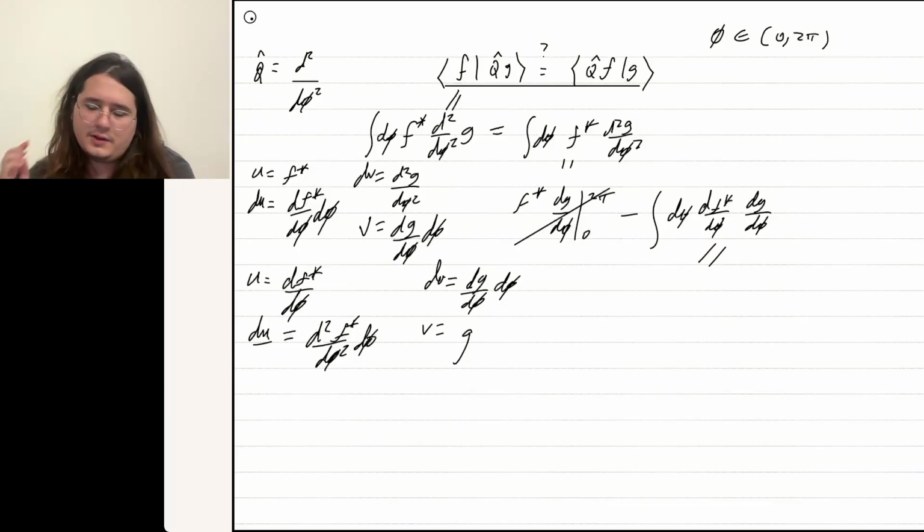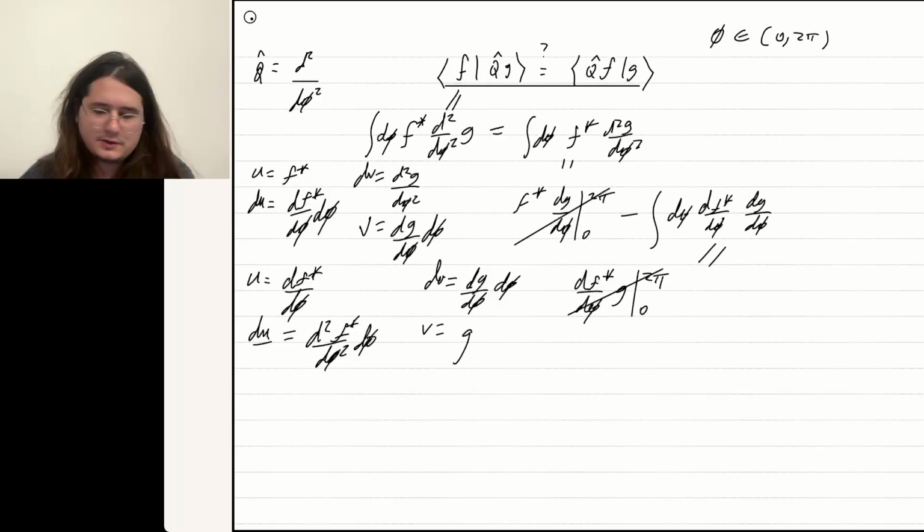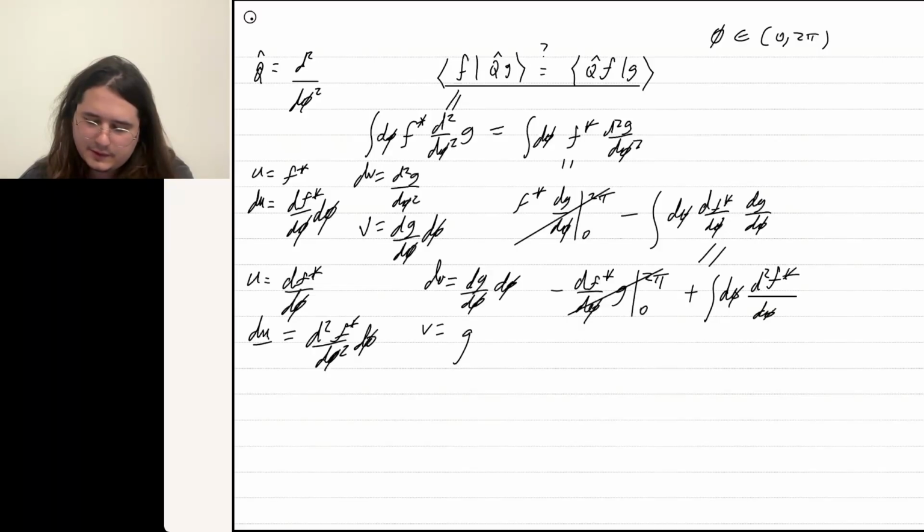This integral equals minus uv, so df star d phi g evaluated from 0 to 2 pi, which again is 0 because the conditions of the azimuthal functions are met, with a minus sign on it, and then plus the integral of v du, which this time is d squared f star d phi squared g.